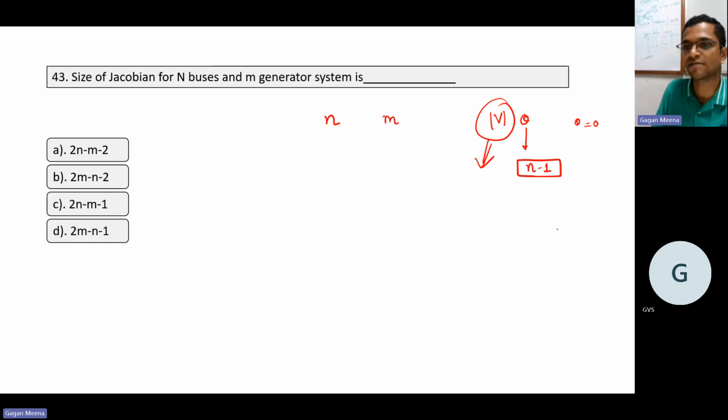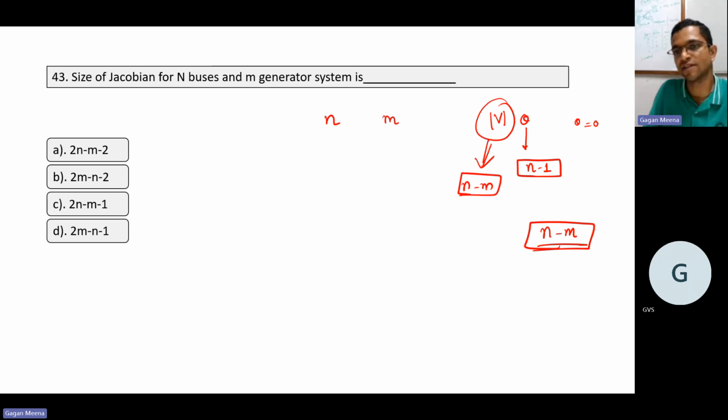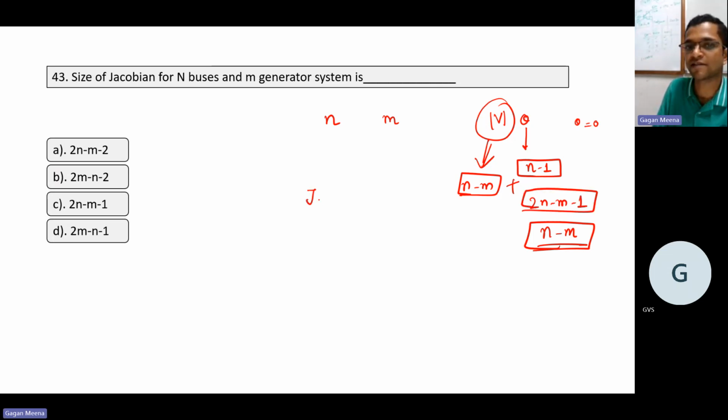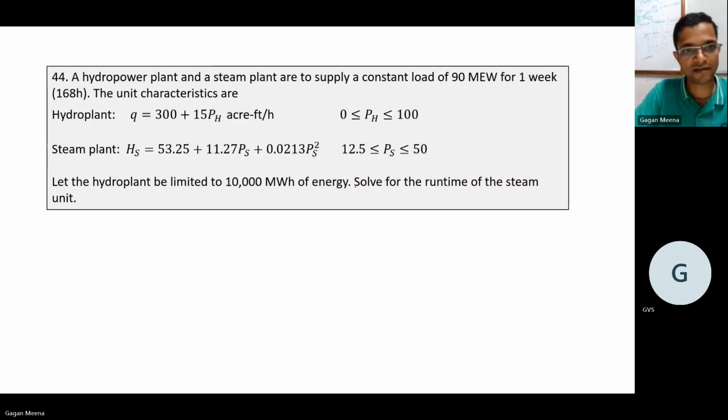Except for the generator buses, we need to calculate all the buses: n minus m, the total load buses. So the sum of them becomes 2n minus m minus 1. And the Jacobian is a square matrix, no? The size becomes (2n minus m minus 1) cross (2n minus m minus 1).